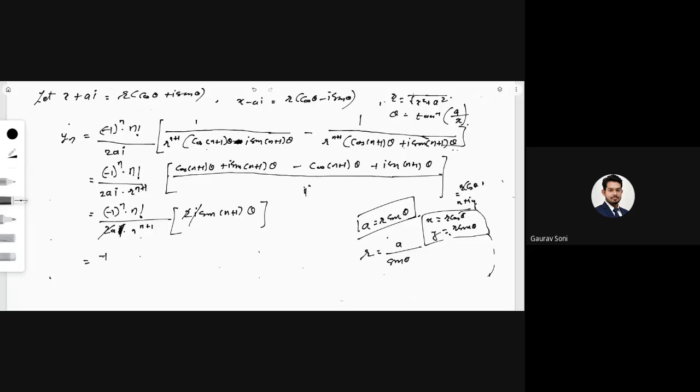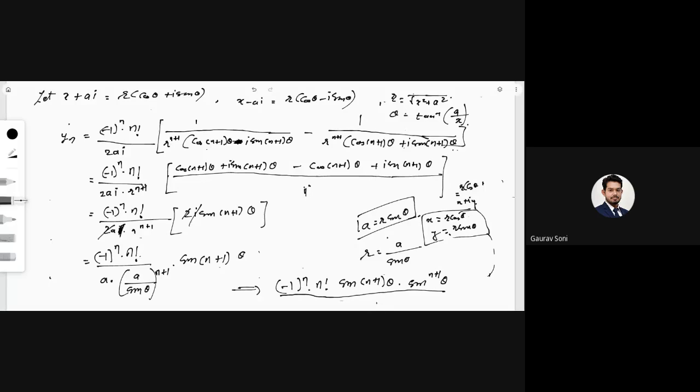What we have is minus 1 raised to n factorial, you have a upon sine theta raised to n plus 1 into sine of n plus 1 theta. So this can be written as minus 1 raised to n factorial sine of n plus 1 theta sine raised to n plus 1 theta divided by a raised to n plus 2.